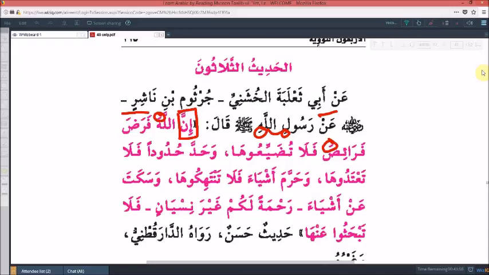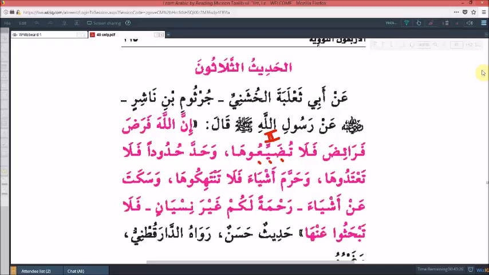فَلَا تُضَيِّعُوهَا. تضيعوها from ضاد يا عين. It's form 2, right? But it comes from the word meaning to lose. To lose them or to waste them, something along that line.